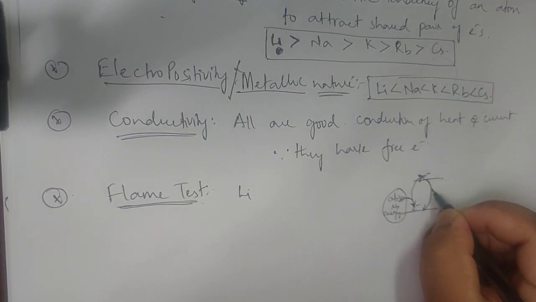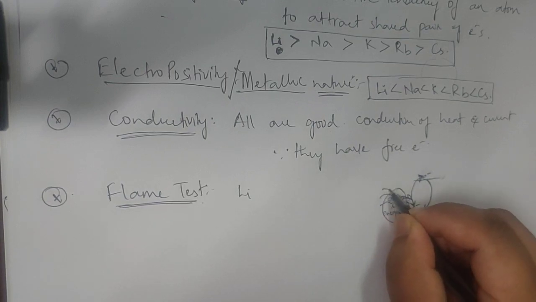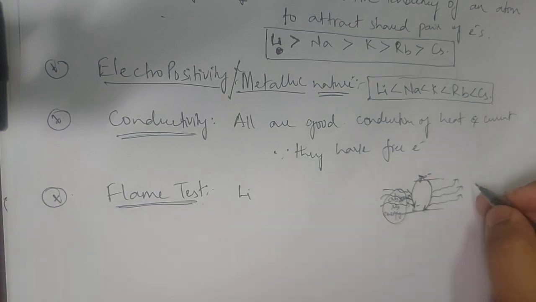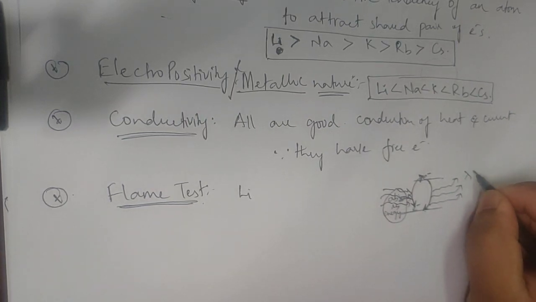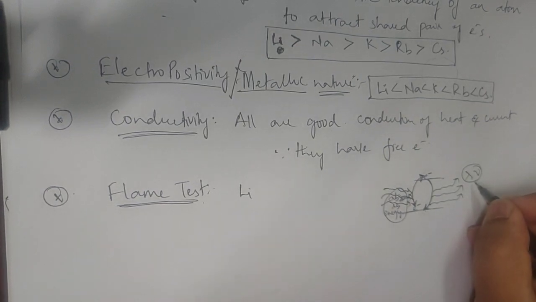While it is coming back, the energy it absorbed is released in the form of some spectrum. This energy has some wavelength and some frequency, so depending upon this, we observe a color.